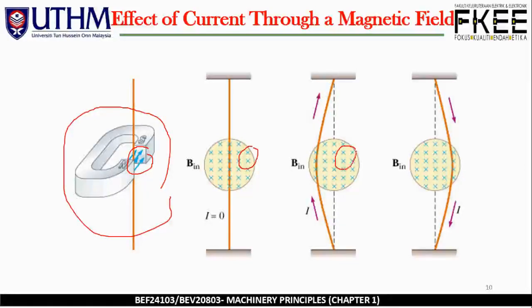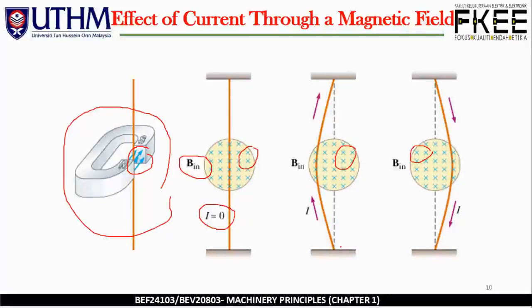In the same blue color, all these represent the magnetic field flowing into the page. Then we have the current, which at the initial stage is 0 ampere, and this is B into the page, the magnetic flux density.